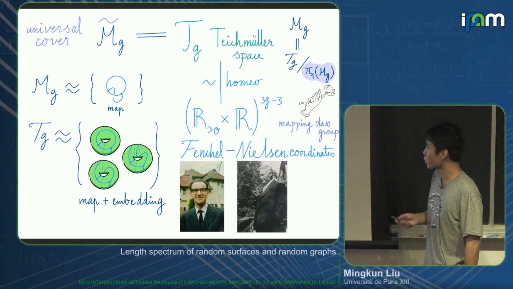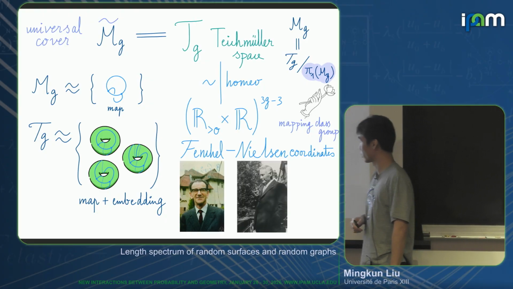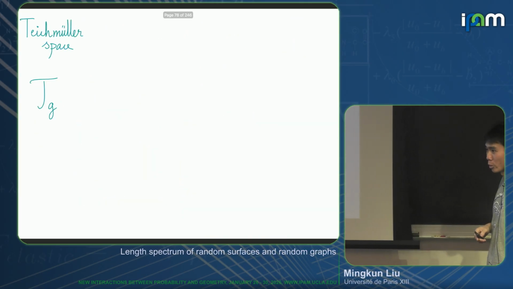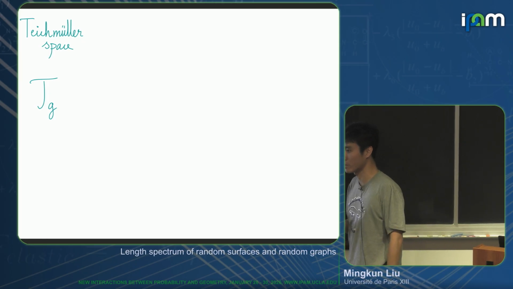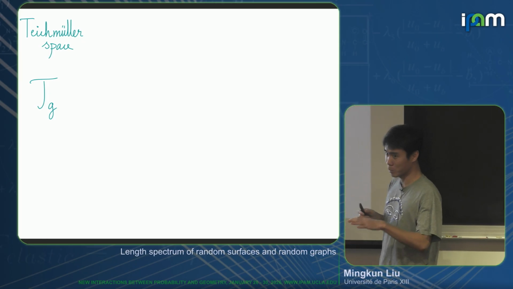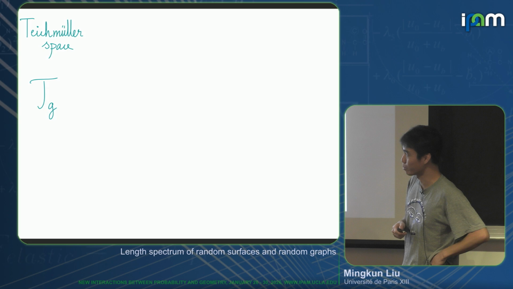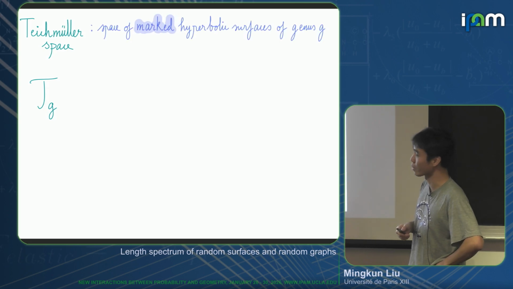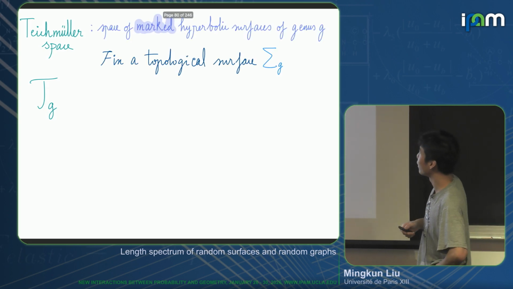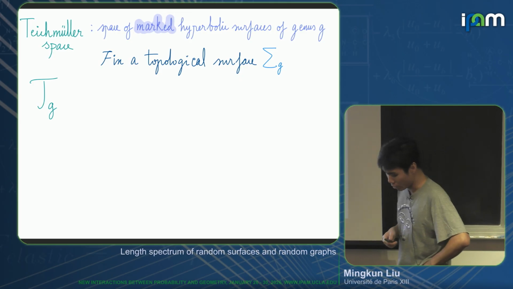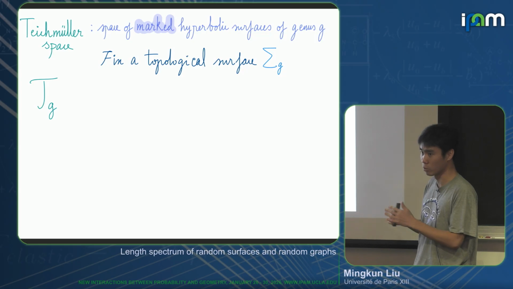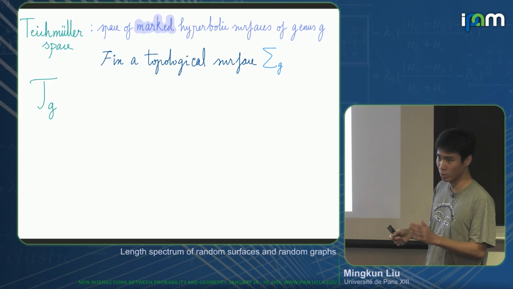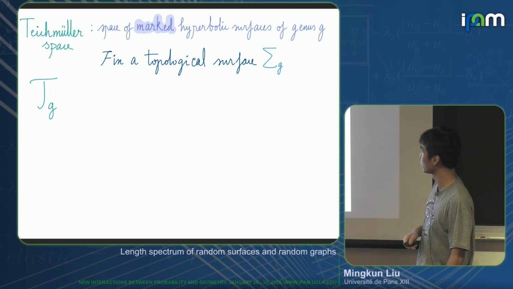Okay, so just before talking about the Fenchel-Nielsen coordinate system, let me be more honest with you, because if you just Google the definition of Teichmüller space, normally you won't find it defined as the universal cover of the moduli space, but as the space of marked hyperbolic surfaces of genus g. So what does this mean? It means that you want to fix a topological surface Sigma_g, which has no geometry on it, no hyperbolic metric, purely topological.